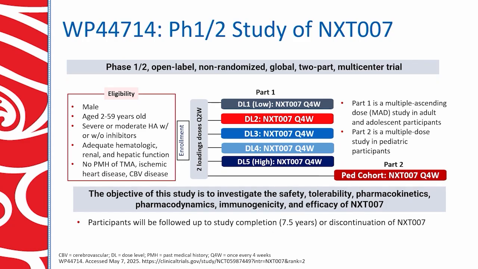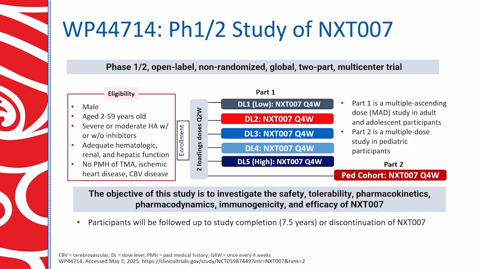It is a phase 1-2 open label study which includes severe to moderate hemophilia A patients of all ages. In part 1, multiple ascending doses have been administered to adult and adolescent participants, and in the second part of the study, pediatric patients will be included.